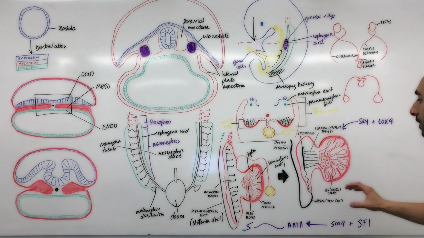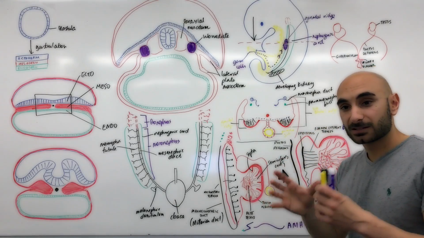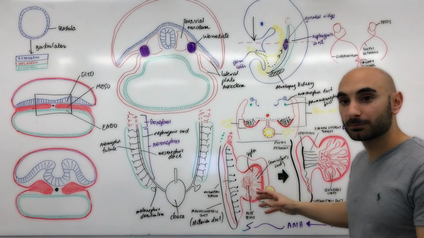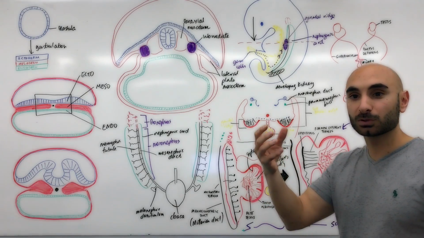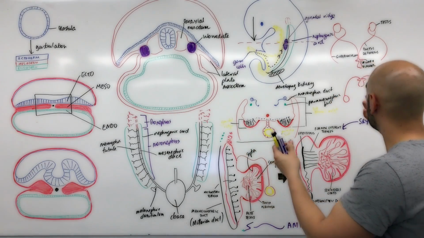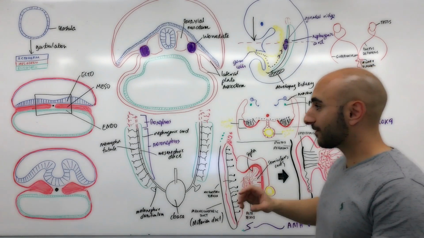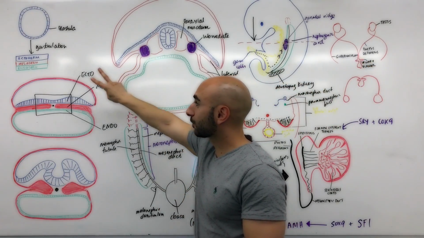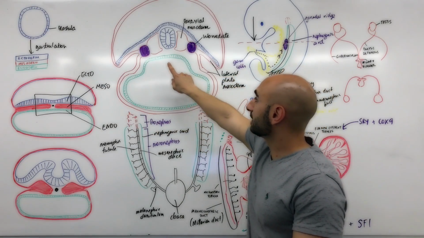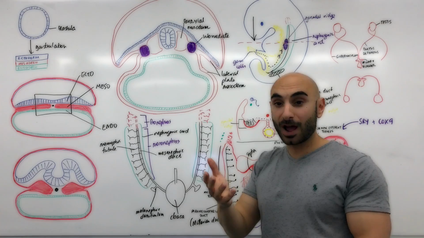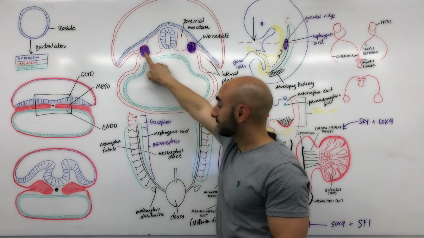Okay, so this is keeping it as simple as possible. I just want to run through everything very quickly again before we talk about the actual testes dropping down. So we have in fertilization forming the 3 germ layers, and it is in the mesoderm that the kidneys and the testes are derived, in the intermediate mesoderm.